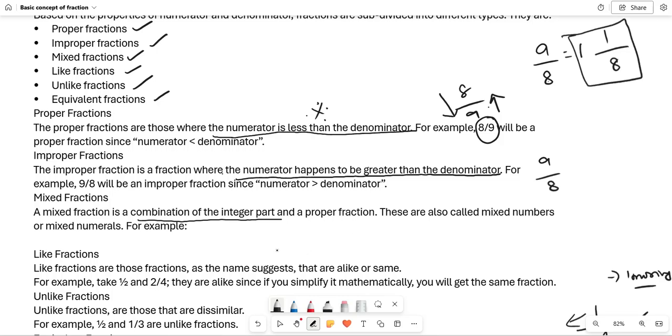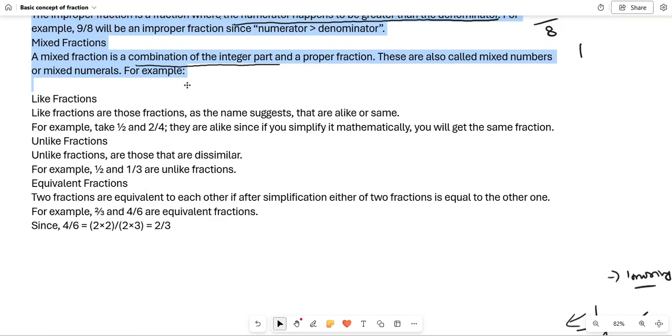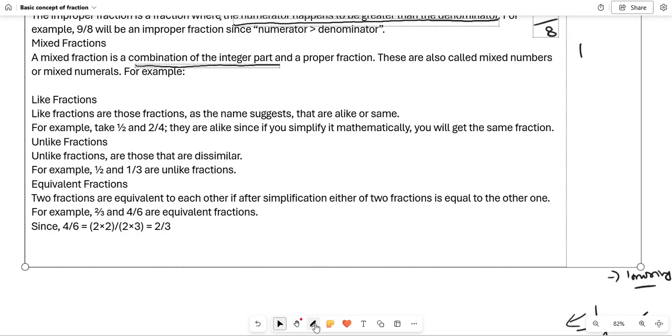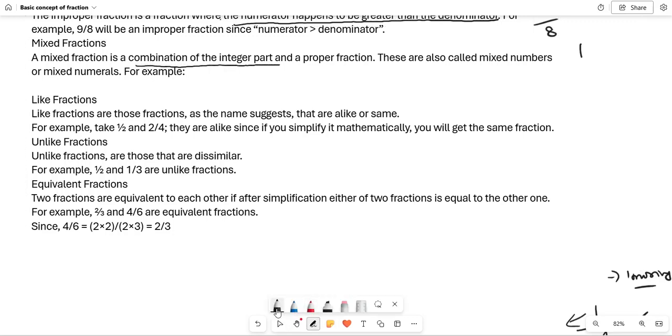Now, like fractions and then unlike fractions. When denominators are the same, we consider them like fractions. How? I give one example. Like fractions are, as the name suggests, alike. For example, 1 by 2, 2 by 2, 3 by 2, 4 by 2.